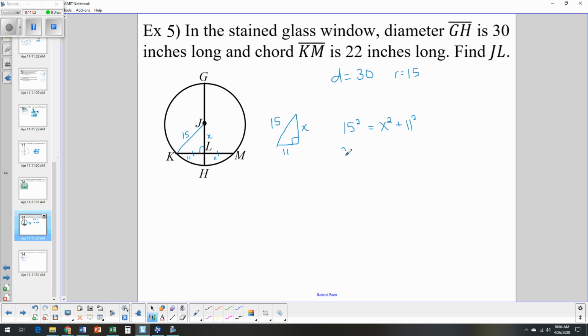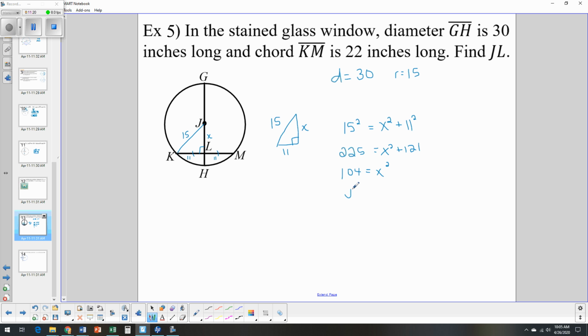We're going to do our math, right? 225 equals x squared plus 121. Subtract the 121. Now we're going to take the square root.